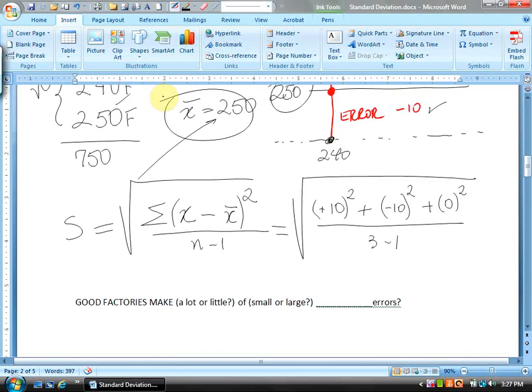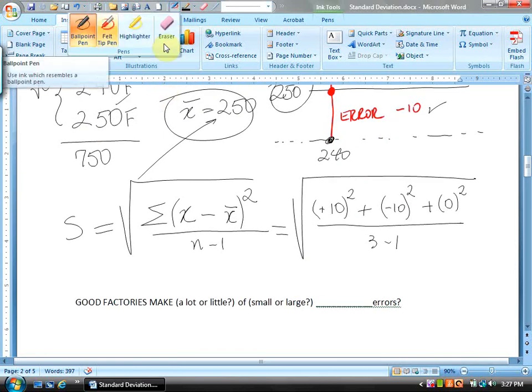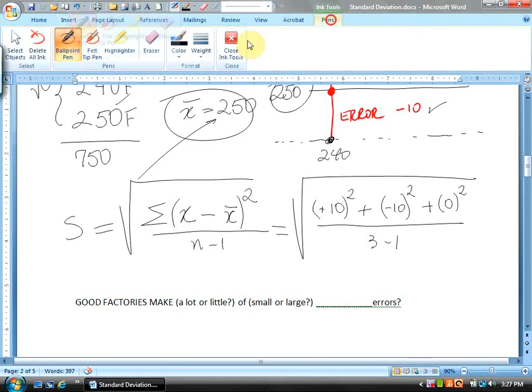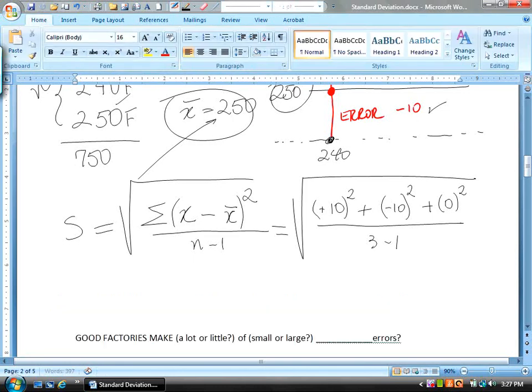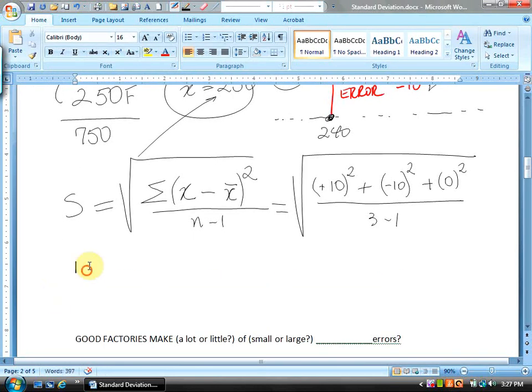So now let's find the real standard deviation for these three numbers. And of course, we don't take samples of 3. Okay, we take samples of probably 15 or more. In this case, then all we need is to take that square root, which is 100 plus 100, it is 200, and we divide by 2.